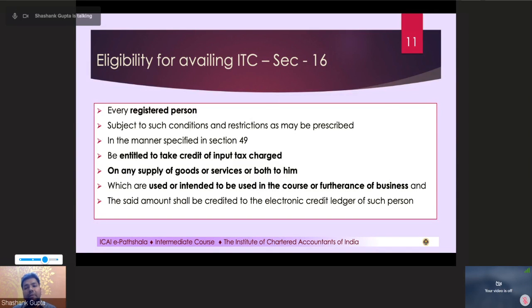Second of all, the meaning of this used or intended to be used, what does this mean? This means, suppose someone is setting a factory. He invests 100 crore rupees. On this 100 crore rupees, he pays 28% as tax, which means he has 28 crores of GST credit available with him. And in the first month itself, he is able to make sales from that capital investment.